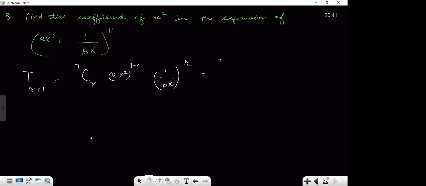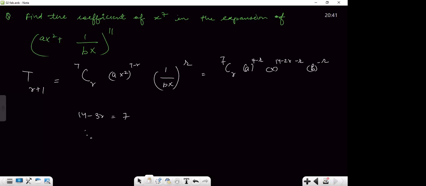Let us simplify: 7Cr a raised to power 7 minus r into x raised to power 14 minus 2r, and x raised to power minus r also, so this will get subtracted here only, and b raised to power minus r. That is the general term. We have to find the coefficient for which the x index is 7. So 14 minus 3r should be 7.